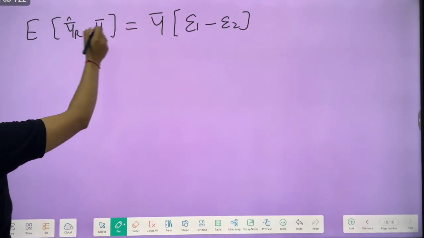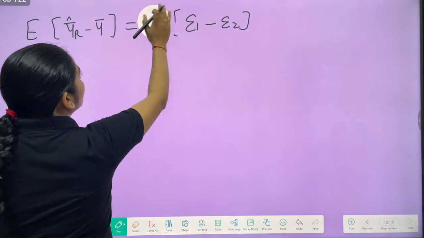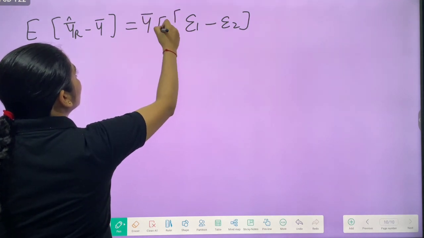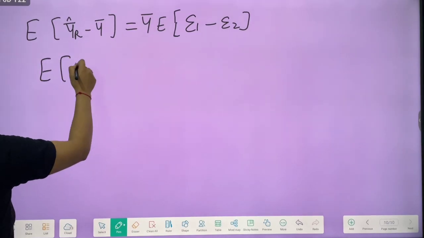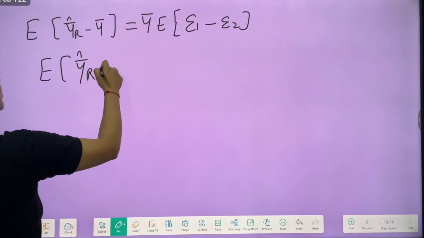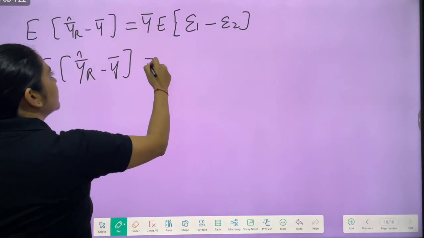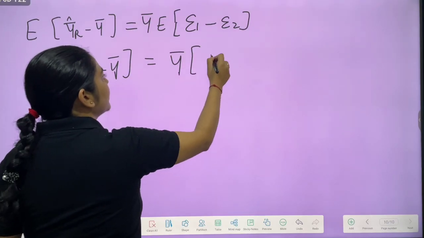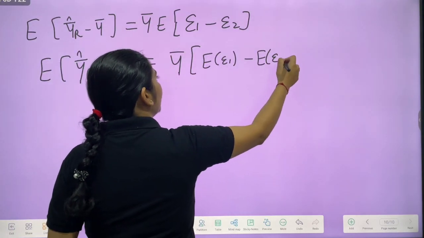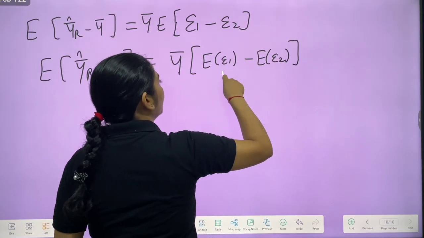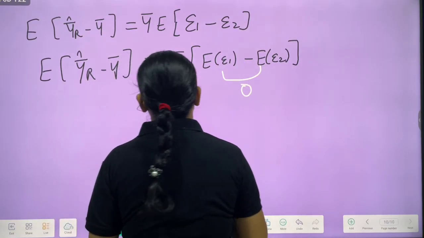Taking the estimation on both sides, we will get this. It will be estimation of y bar r minus capital Y bar is nothing but y bar into estimation of epsilon 1 minus estimation of epsilon 2. Now we know that both of them are equal to 0.